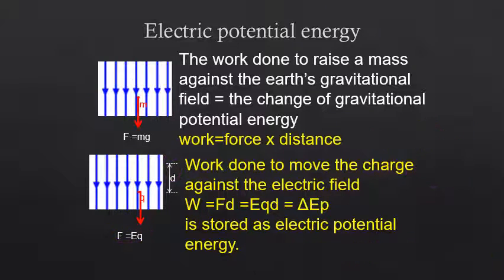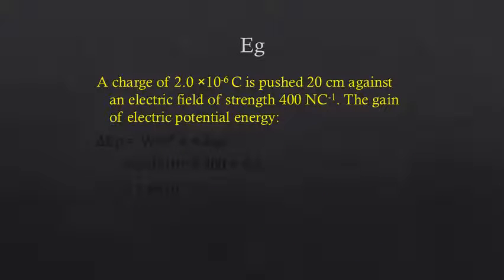Okay, let's move on. So here's an example. A charge of 2 times 10 to the negative 6 coulombs is pushed 20 centimeters against an electric field of strength 400 newtons per coulomb. What is the gain of electrical potential energy? So we've got some numbers here. That's going to be your Q. That's going to be your distance. And remember to convert to meters.